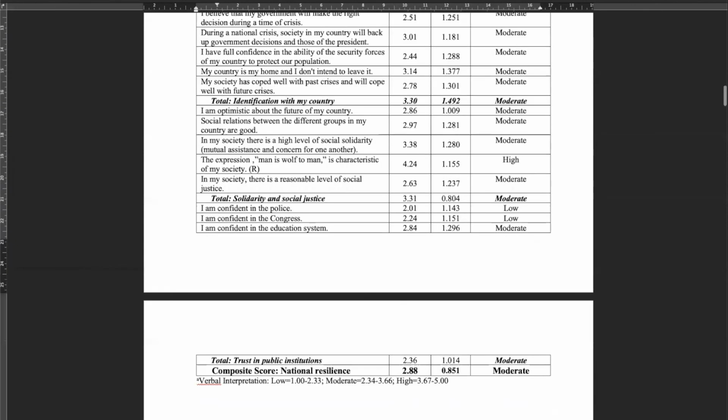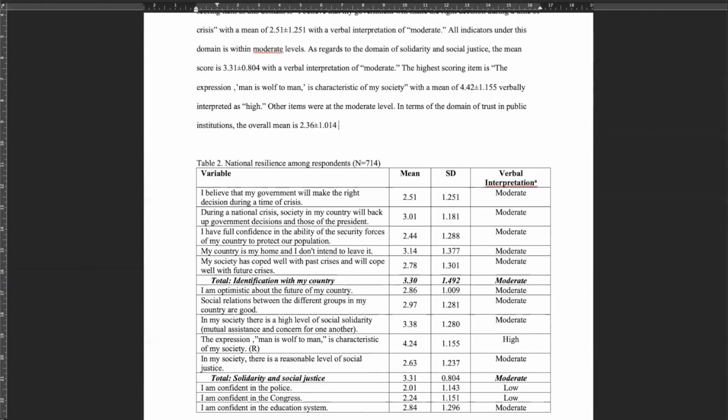Is that right? Yeah. With a verbal interpretation of moderate.